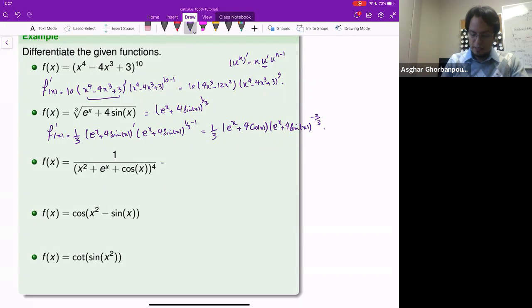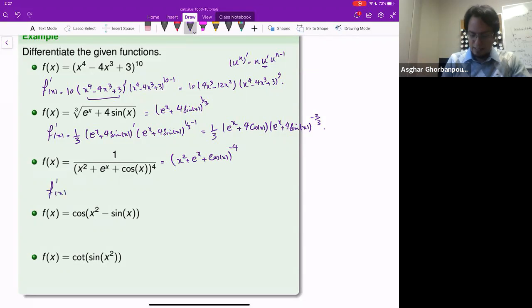The third one, you can write that function as some function to the power -4.